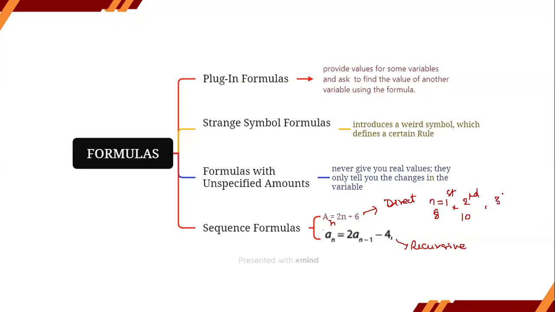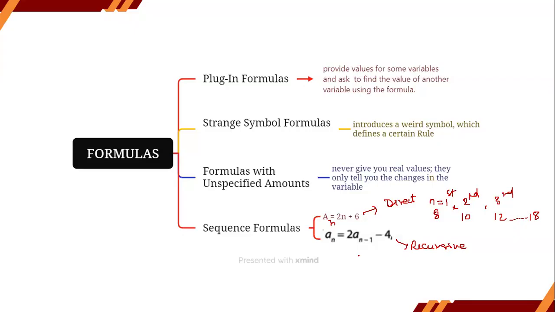So for the third term, substitute n equals 3: 6 plus 6, that is 12. Like this, it will go on: 8, 10, 12, 14, 16, 18, and so on, right? Okay, now coming to the recursive sequence formula question. Here they will define one term in terms of another term, right?